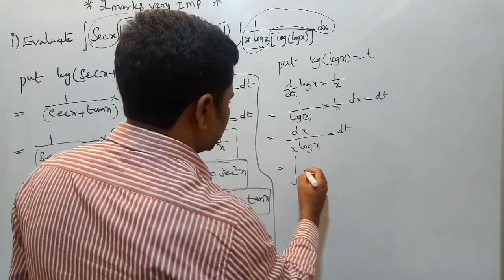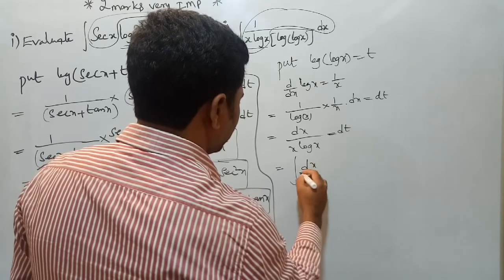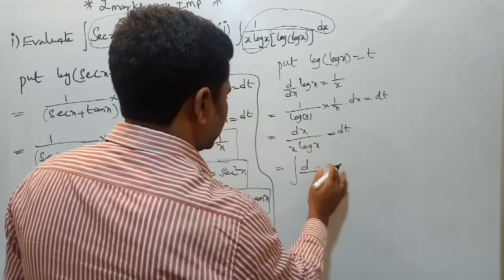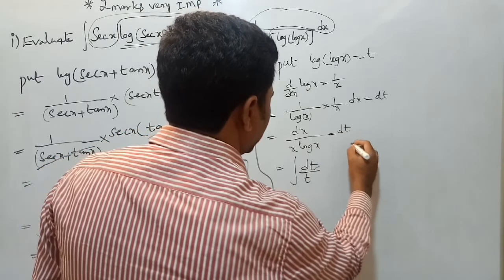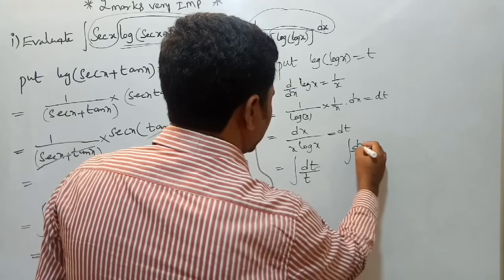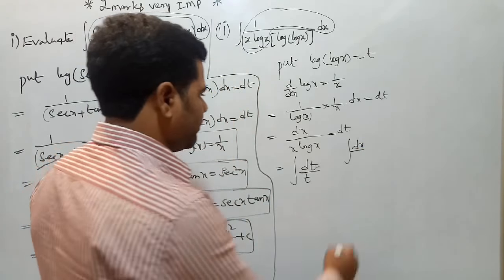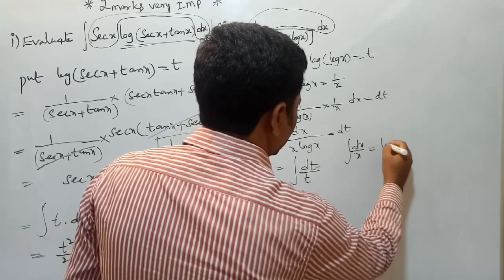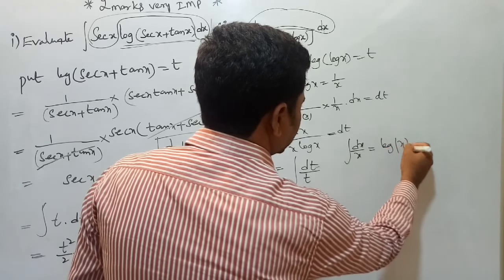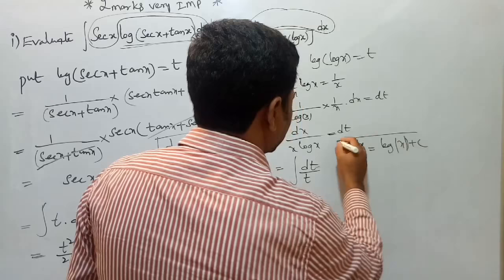So integral dt by t. Integral dx by x is equal to log mod x plus c.